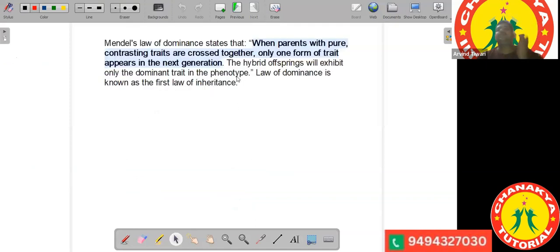See, Mendel's law of dominance states that when parents with pure contrasting traits are crossed together, only one form of trait appears in the next generation. The hybrid offspring will exhibit only the dominant trait in the phenotype.